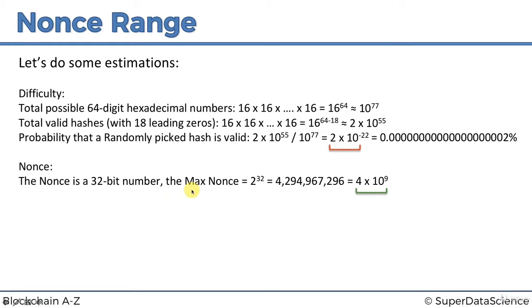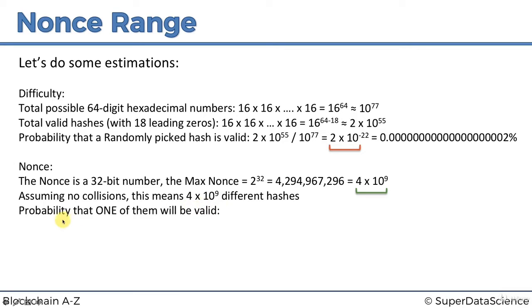So the question we're trying to answer is: is the nonce enough to brute force our puzzle with 100% certainty? Assuming no collisions, meaning that all of these are going to generate unique hashes, this means that if you go through the whole nonce range and try every single number among those 4 billion, you will end up trying 4 times 10 to the power of 9 different hashes.